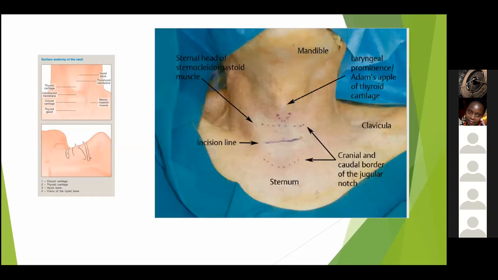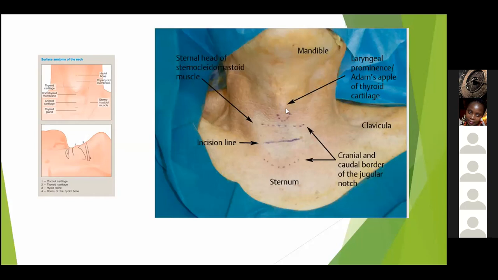So when we talk about anatomy, what do we need to know, or where is the tracheostomy done? We are talking about neck anatomy. And from this image, I think we should all be aware of the laryngeal prominence, which is more marked in men. For women, it may not be so clear, but still you can tell with palpation where the laryngeal prominence, or the Adam's apple, is.